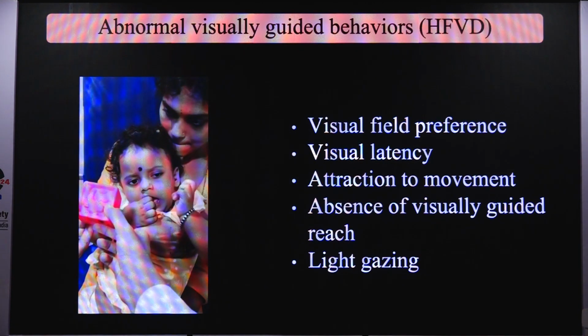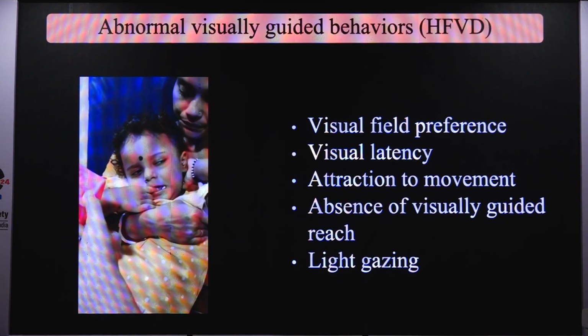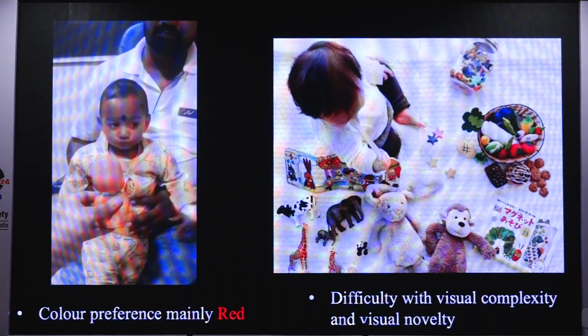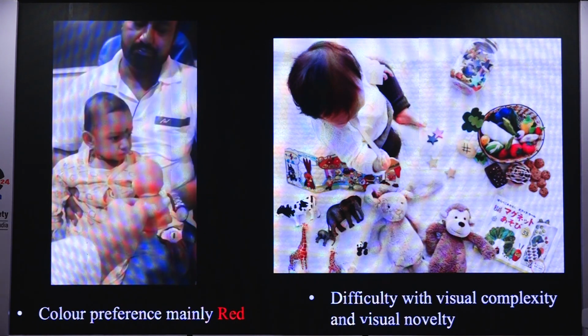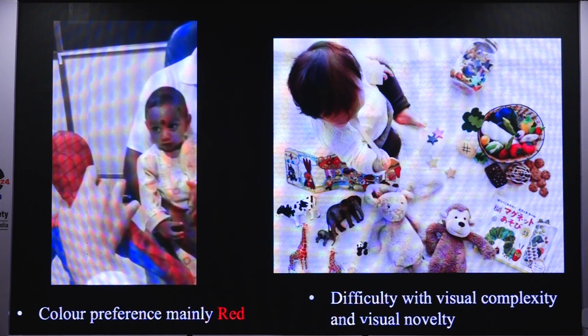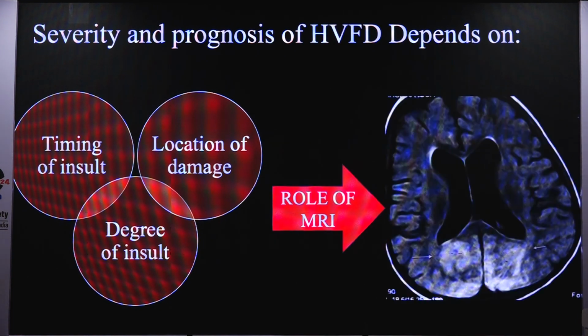These can be visual field preference, latency, attraction towards movements, or absence of visually guided reach, light gazing, and we might have color preference like a red preference, and sometimes difficulty in a complex visual scene, that is called simultagnosia.